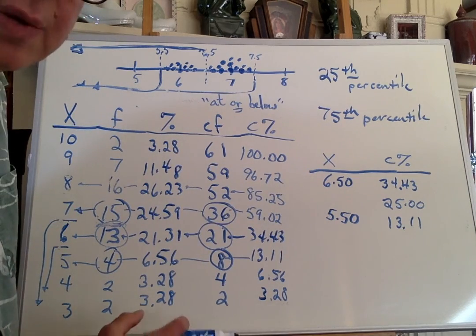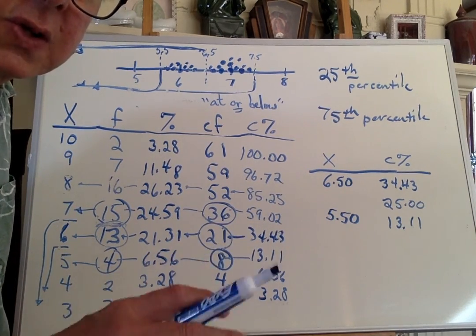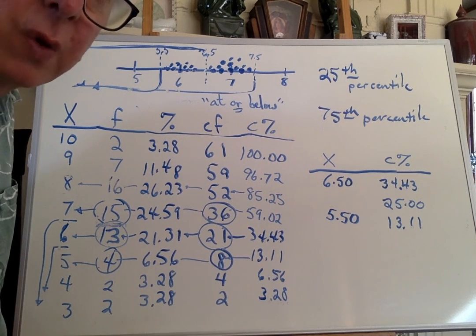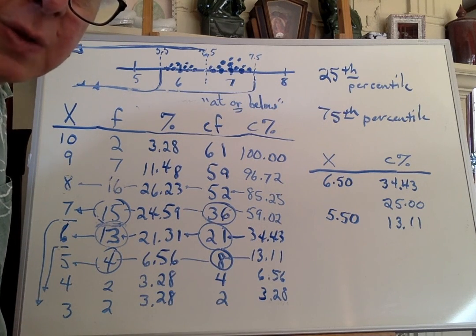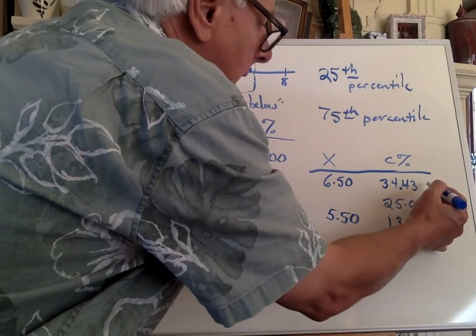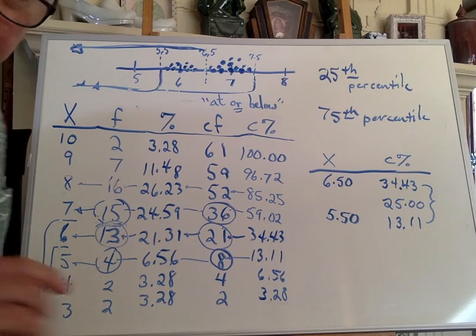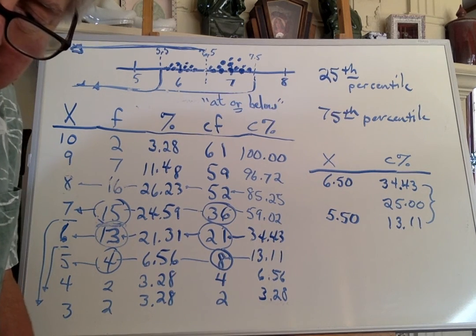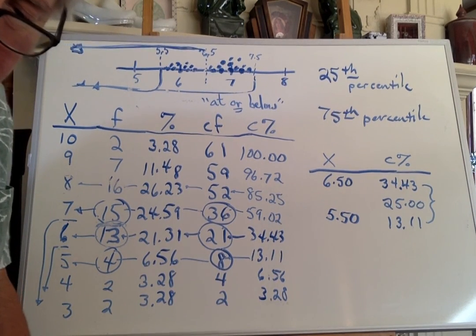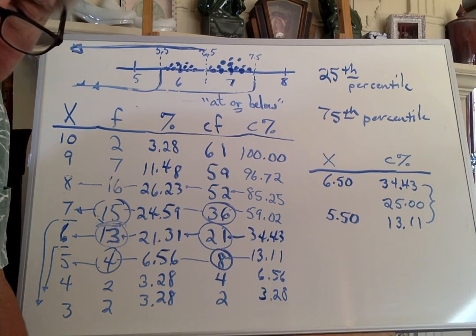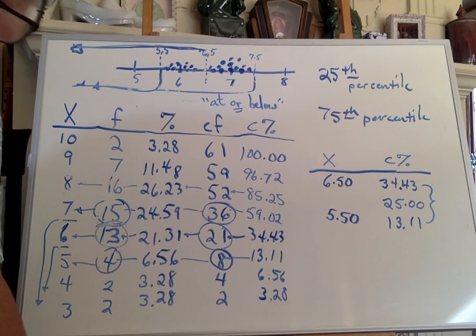So we're set up here. We're going to use the same strategy as what we've used before when we did our 50th percentile, right? So I have an entire interval here. Let's see what that is, 34.43 minus 13.11 equals.